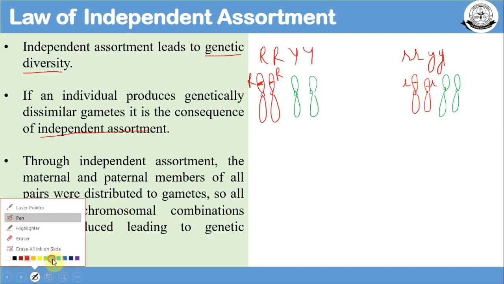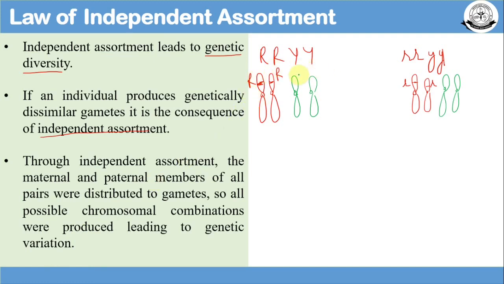Similarly, it's yellow and yellow, and here it's green and green.